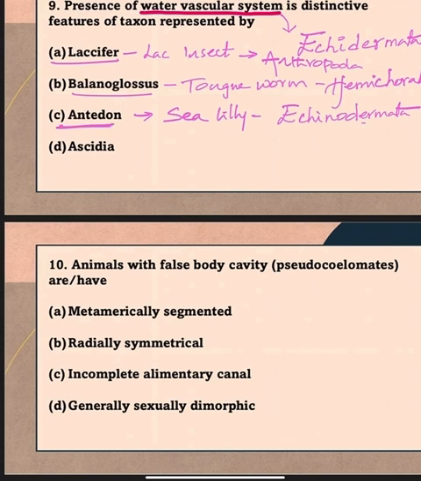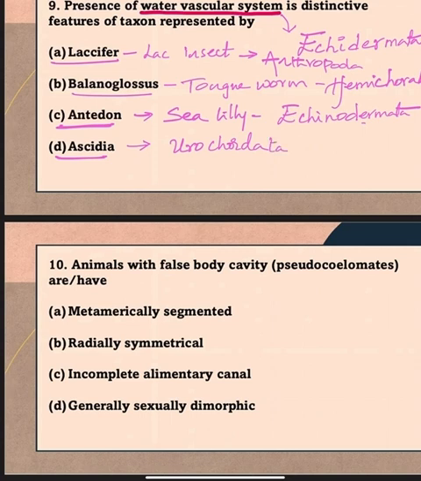Right, children? And next one is Ascidia. Ascidia belongs to Urochordata, one of the parts of Protochordata. Protochordata is equal to Urochordata plus Cephalochordata.